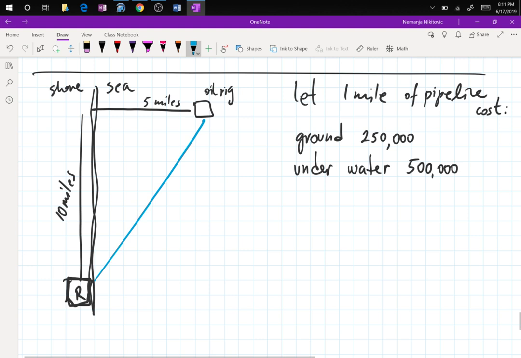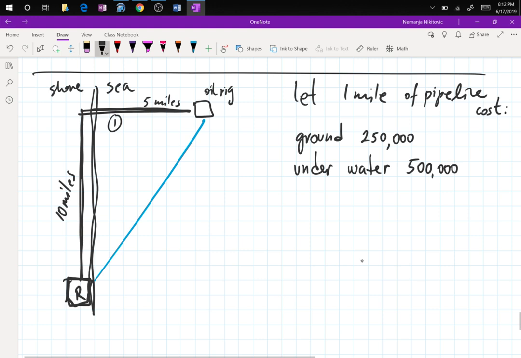So there are two possibilities that we can immediately see. First off, we say, hold on. Going underwater is twice as expensive as going on the ground. So how about we go the least amount underwater? Well, that's the black line, the black pipeline that goes straight up and across. We'll call that pipeline 1. Pipeline 1 is going to have the least amount underwater, and the cost for that part of the pipeline should be the smallest.